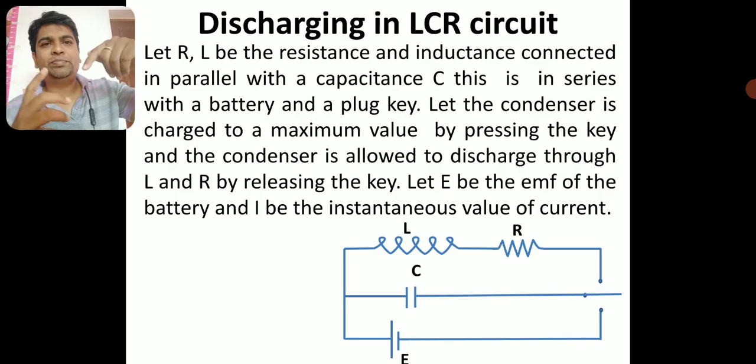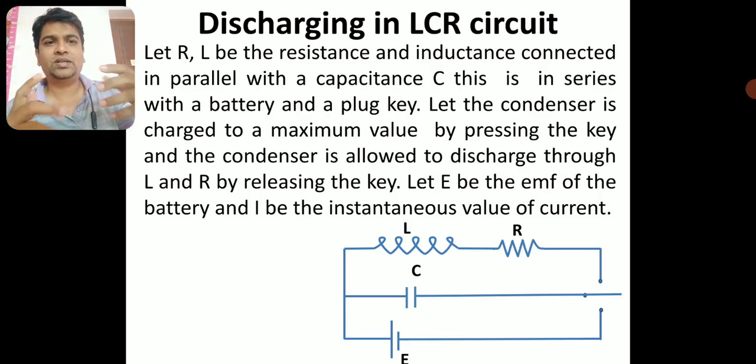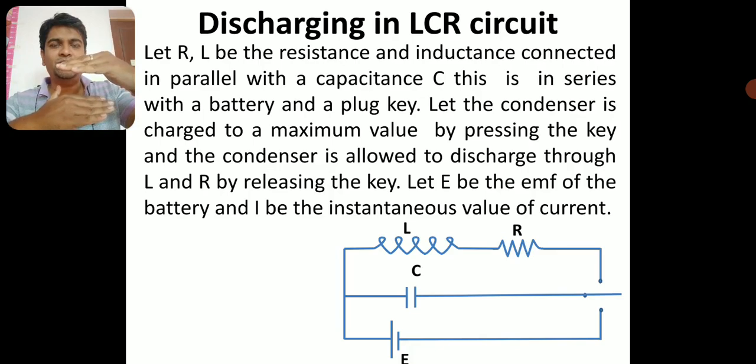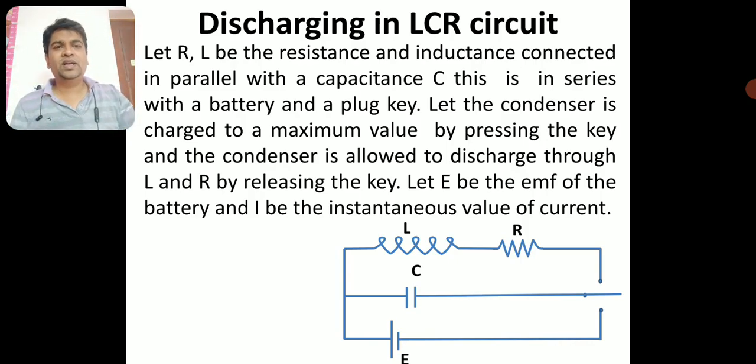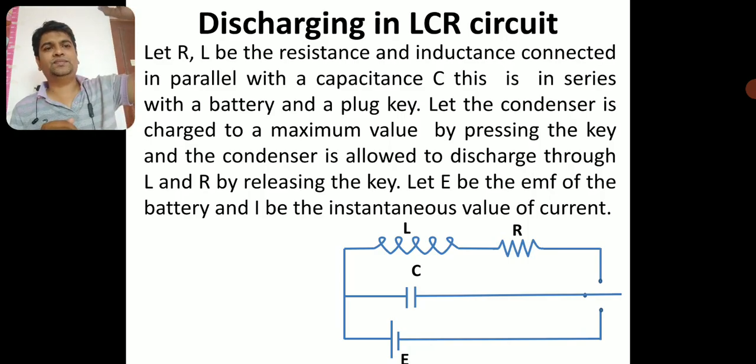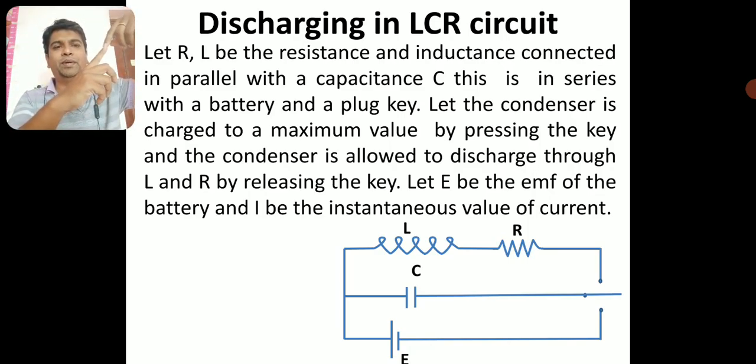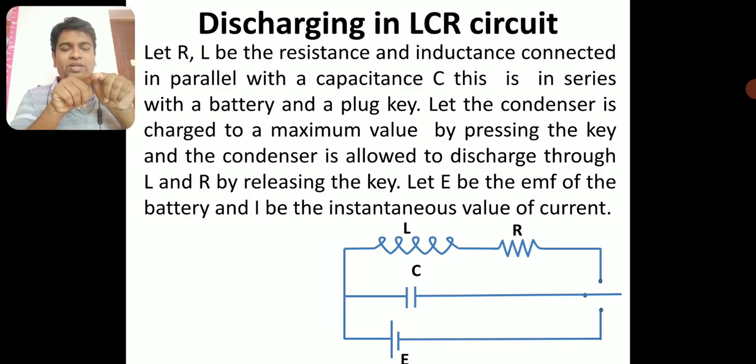When the plug key is pressed, the condenser will get charged, because the lower circuit, a capacitor and a battery, is completed. So the charge flows to the capacitor, and the capacitor will get charged. Then when the plug key is released, it makes contact with the upper part and this upper circuit is closed.